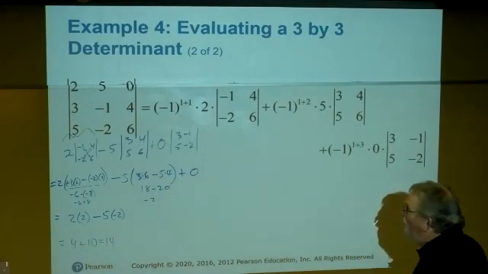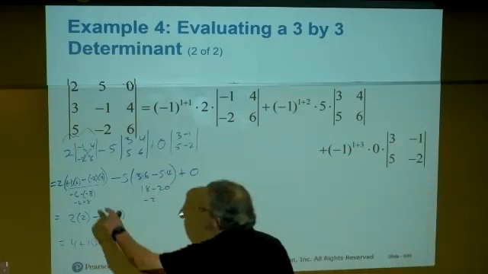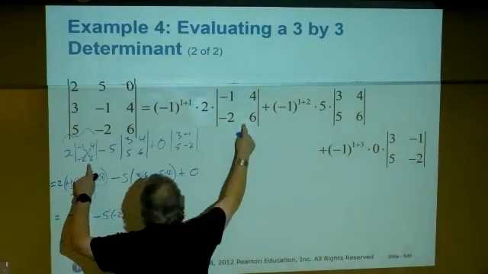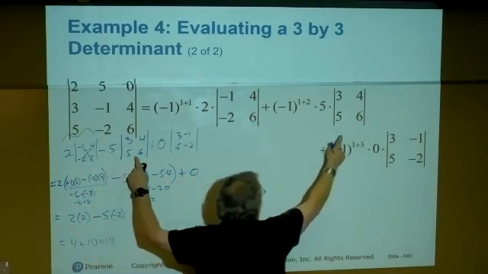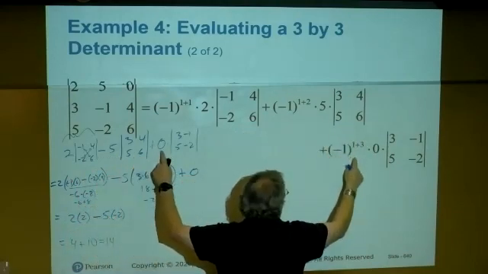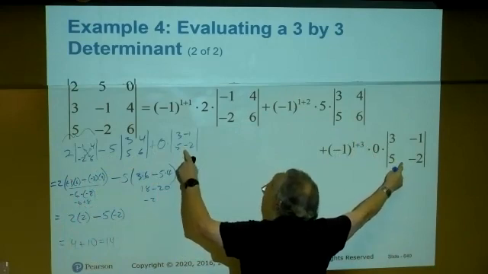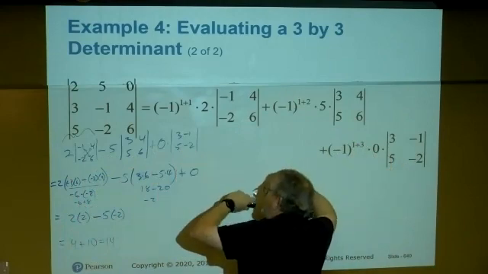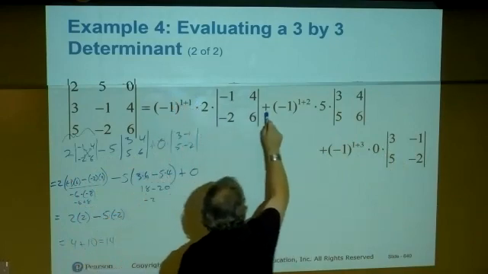And so they have 2 times this matrix, which is what I have, and then the 5 times this matrix, which I have, and then 0 times this matrix, the determinants of those matrices. And notice they went ahead and found the cofactor in each case.